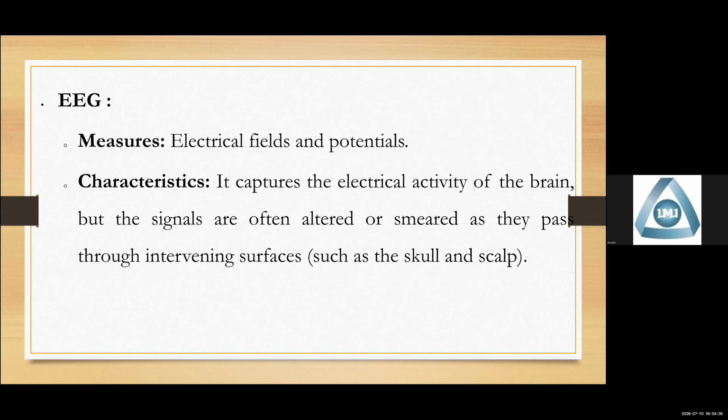EEG measures electrical fields and potentials. It captures the electrical activity of the brain, but the signals are often altered or smeared as they pass through intervening surfaces like the skull and scalp.